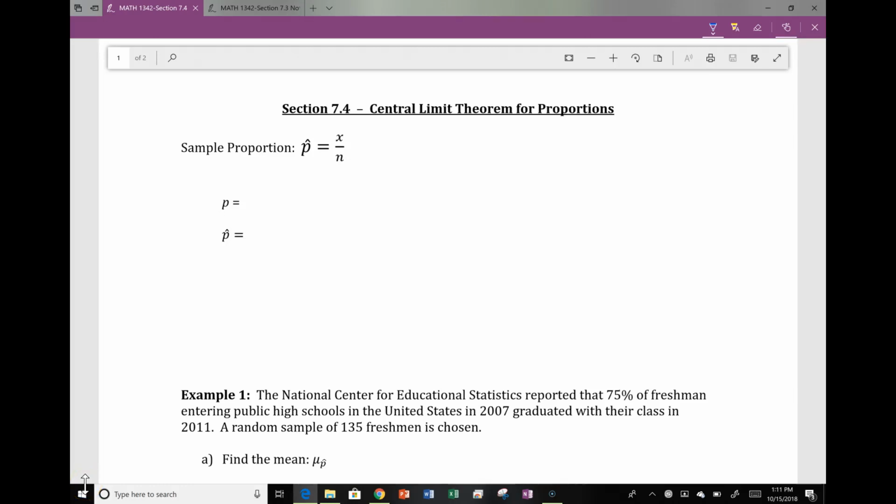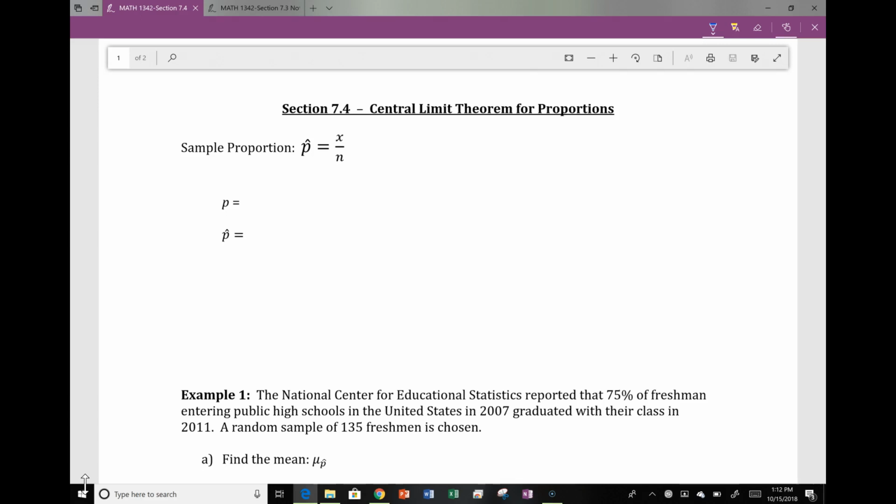In this video, we're going to continue talking about the central limit theorem, which means as we sample more and more individuals, it becomes closer and closer to a normal bell-shaped distribution. But in this case, we want to look at proportions. Proportions are very similar to probabilities.